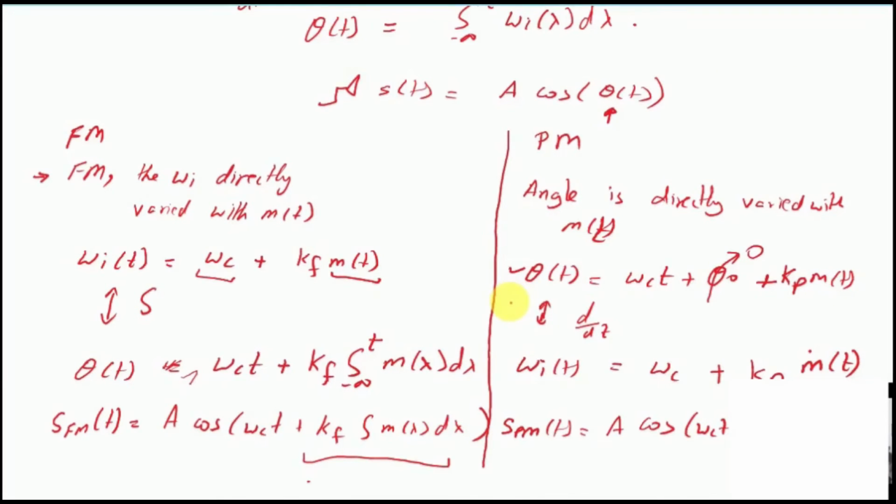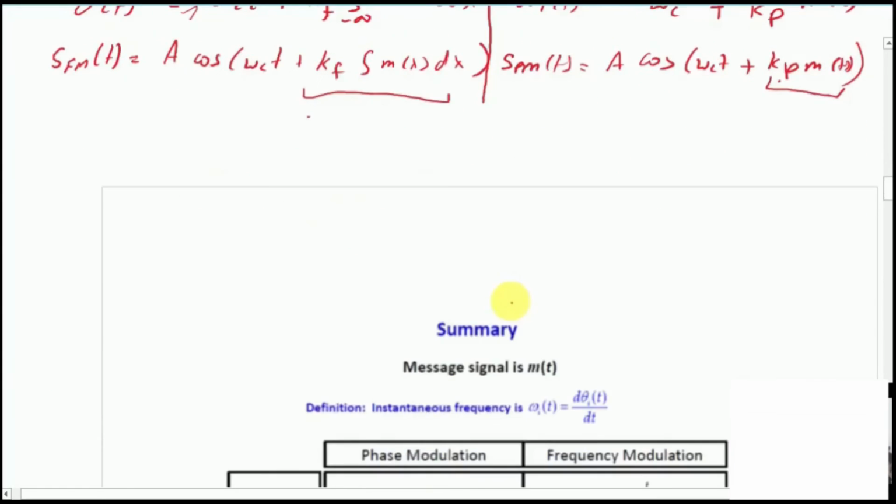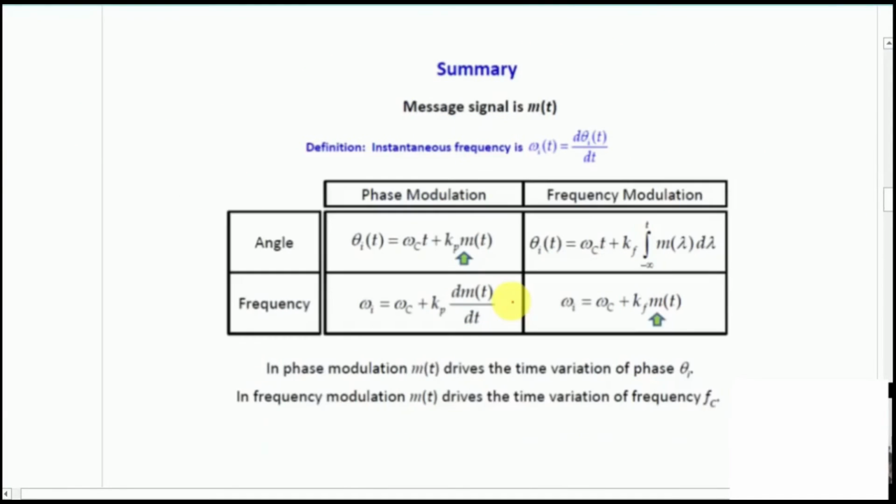Right. So as a summary, we have this table that summarizes the discussion so far, between phase modulation and frequency modulation FM. The parameters of interest are angle and the instantaneous frequency. So if angle is basically directly proportional to the message signal, then you would have phase modulation.